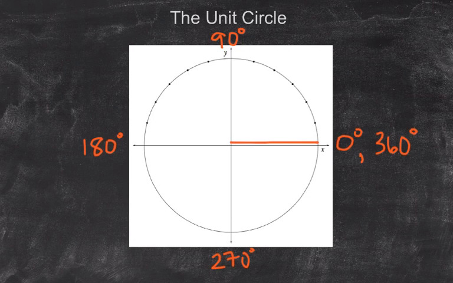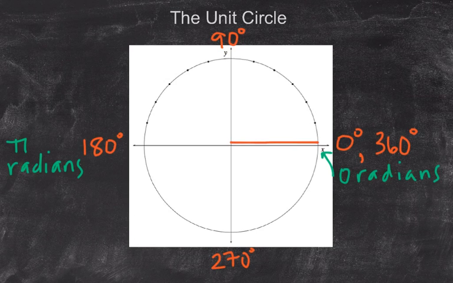The fact that there are 360 degrees in a full circle is a really arbitrary measurement, and so a different way of describing a full circle is by saying that there are 2 pi radians. So we would have 0 radians at our starting point, and then pi radians is the same as 180 degrees.